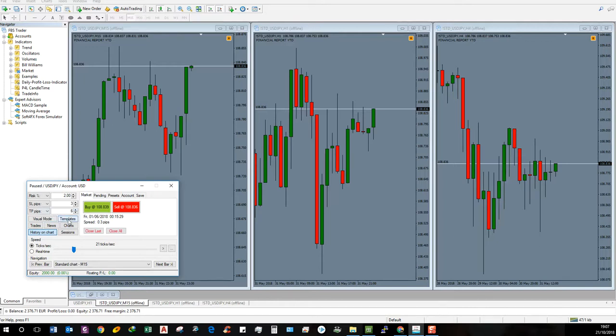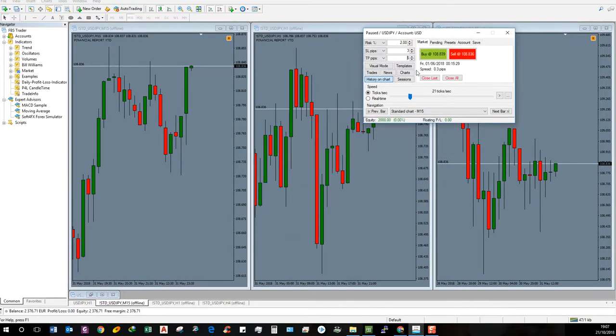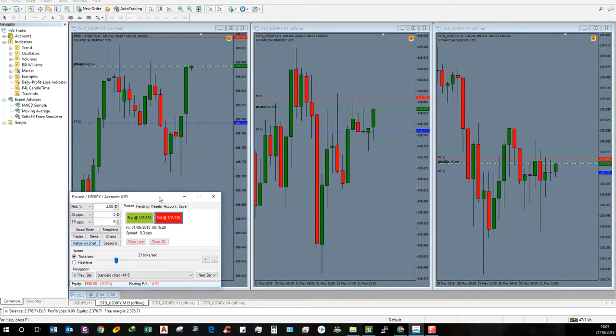and the simulator is gonna be calculating automatically a risk of 2% and determine the lot size for this actual trade. So I'm gonna be pressing sell and unpause the time. Okay, hope it's easy to understand. Let's see how the trade goes.